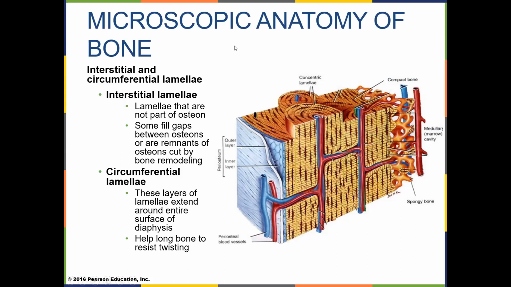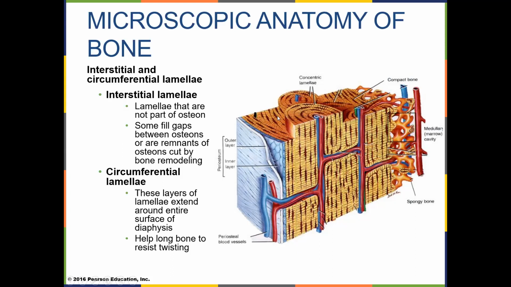We also lay down a circular layer called the circumferential lamellae that goes all the way around. This round layer here is the circumferential lamellae. It goes all the way around the bone. These are the interstitial lamellae in here.